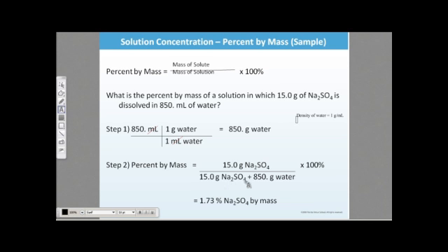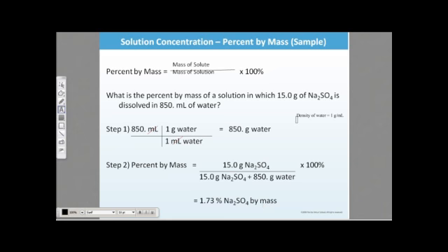So we take the 15 plus the 850, and then when we do our math, we end up with 1.73% Na2SO4 by mass. And we do want to make sure we add on the by mass part, because as I mentioned earlier, there are other ways we can do this. We could do like by volume. So we also want to label it so others know how we solve this problem.